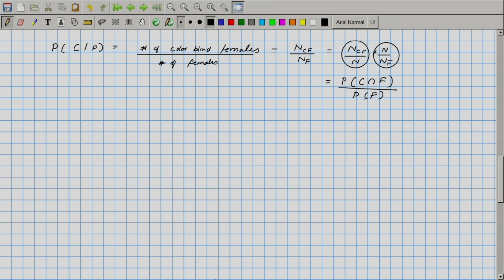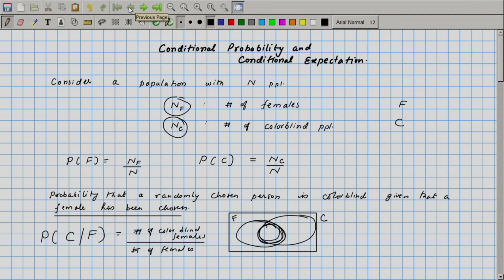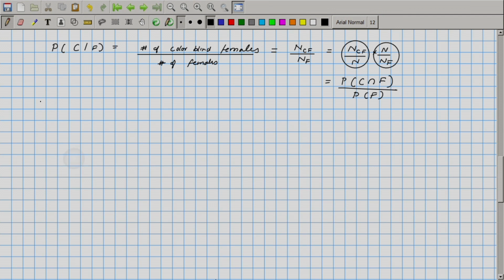So, that would be the probability that a randomly chosen person is color blind given that a female has been chosen. So, the general definition would be something like this.